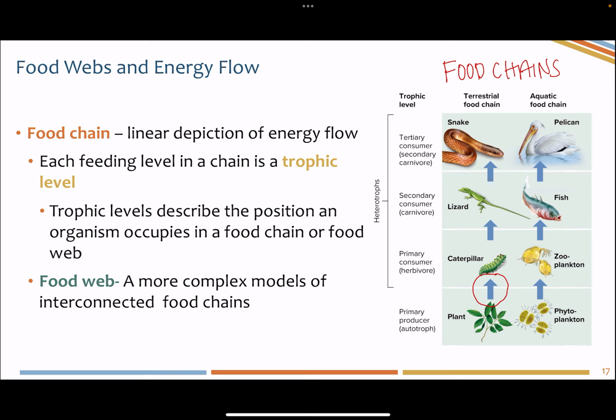Each level in our food chain is called a trophic level, and trophic is related to energy. So we can think of this as an energy level within our food chain. We've talked several times about photosynthesis already. Our primary producers, those organisms that are autotrophs, generally photosynthetic organisms, are going to be the primary energy source in a food web or in a food chain.